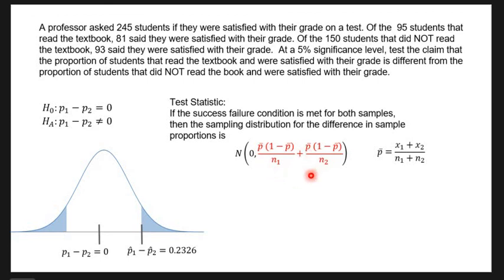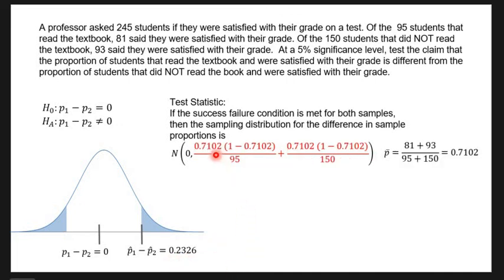That would be the variance of this normal distribution, as long as the success failure condition is met. So if you meet the success failure condition, then you have a normally distributed sampling distribution with mean 0 and this as its variance. So we'll be able to calculate a test statistic from this sample statistic 0.2326.